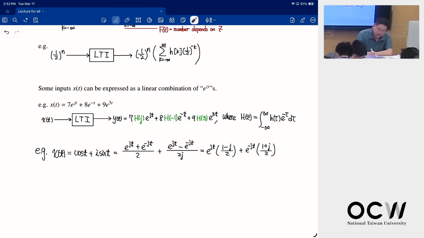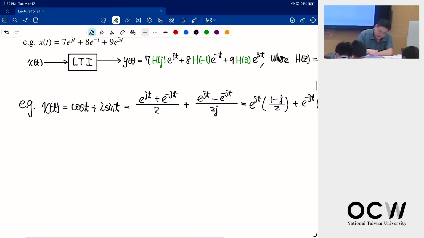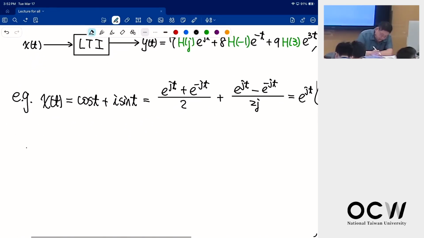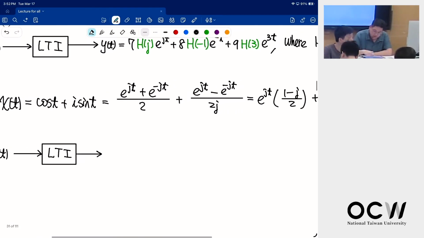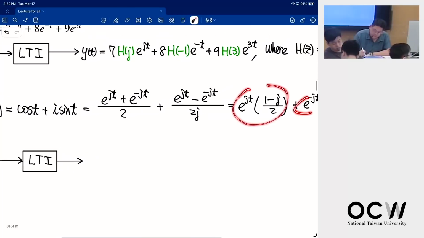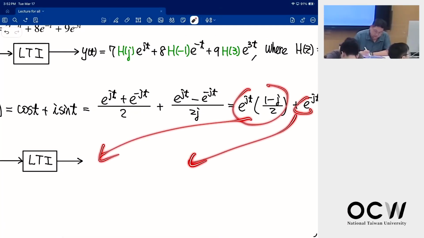So my output can be expected as, sent into the LTI system, I have two forms, and times the system response.